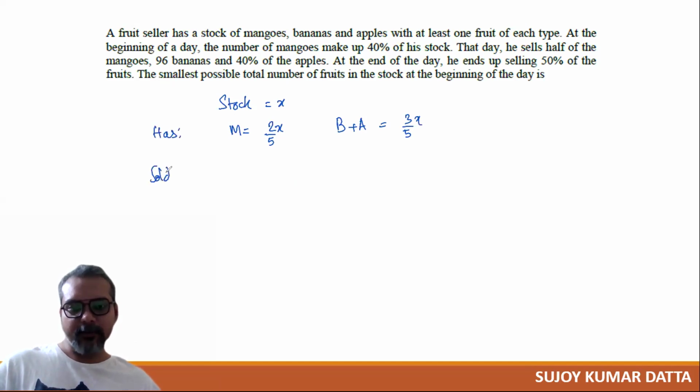Now what is sold? During the day, he sold half of the mangoes, so X over 5 sold. Bananas sold 96 and apples sold 40%. Now we don't know what is the number of apples, so what we can do is define a new variable.